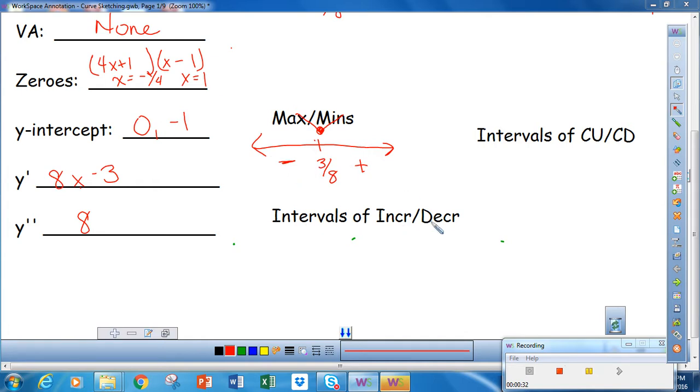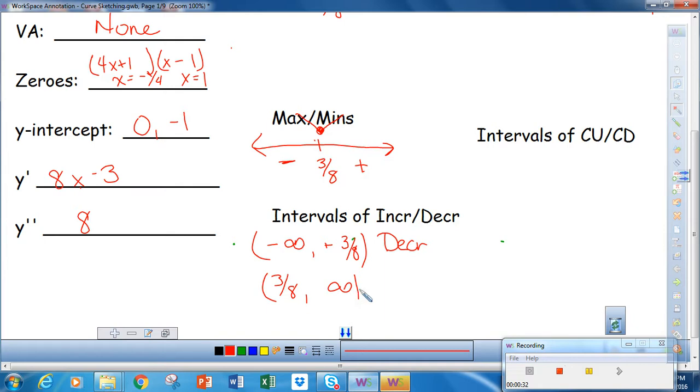The intervals where it's increasing or decreasing: because the slopes are negative here, from negative infinity to, I'm sorry, positive 3/8, we would say that it is decreasing. And then from 3/8 to infinity, we'd say it's increasing.